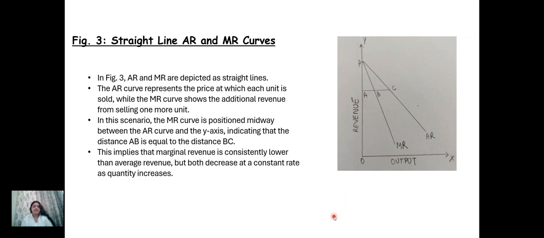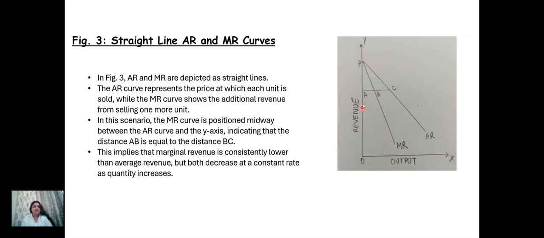The AR curve represents the price at which each unit is sold, while the MR curve shows the additional revenue from selling one more unit. There is a particular relationship between marginal revenue and average revenue, which indicates the difference between the distance AB and the distance BC.